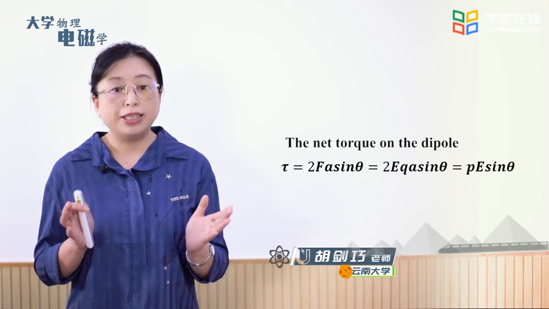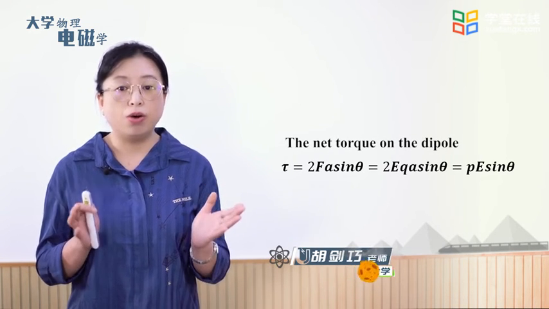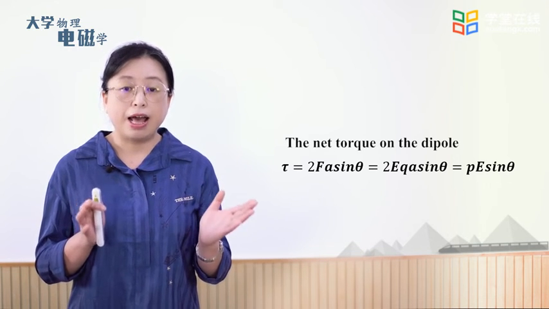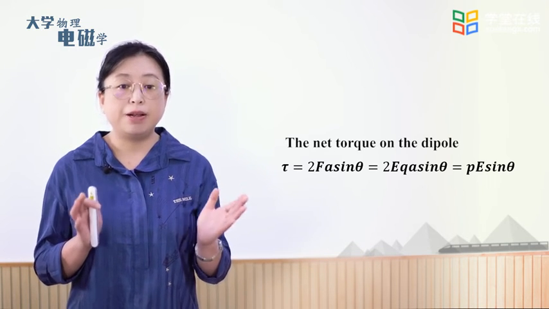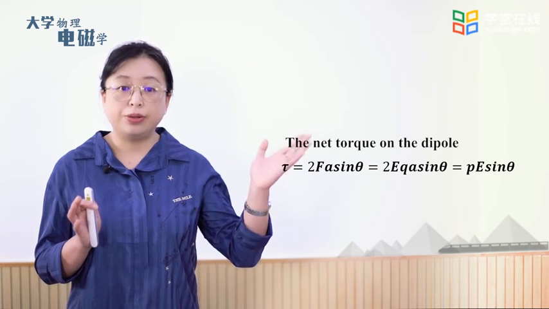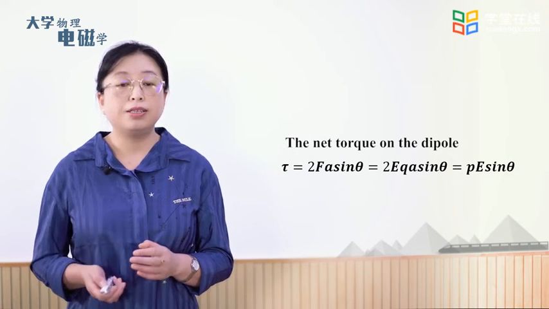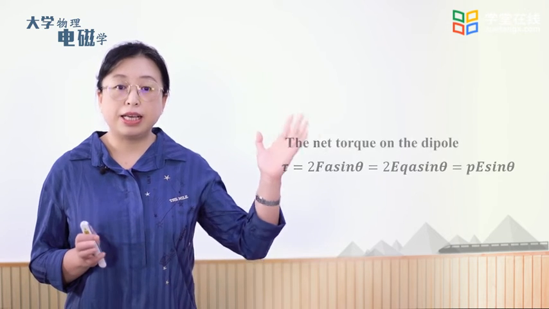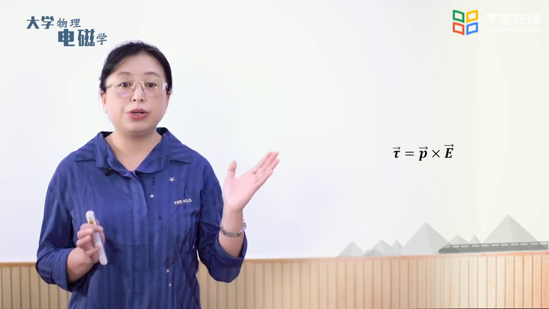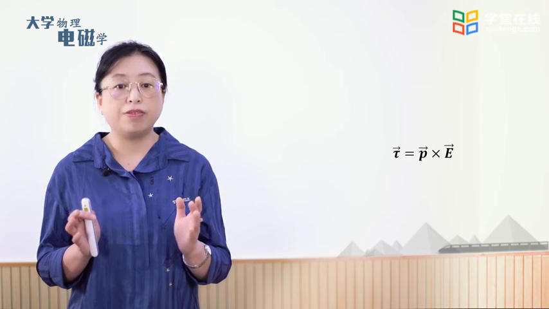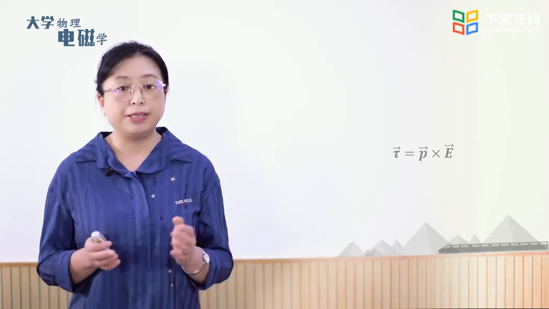Therefore, the magnitude of the net torque about O is 2Fa sine theta. Considering F equals qE and p equals 2aq, we can express the net torque tau as pE sine theta. Based on this expression, it's convenient to rewrite the torque in a vector form as a cross product of the vector p and the vector E.